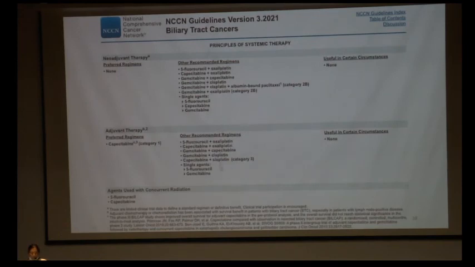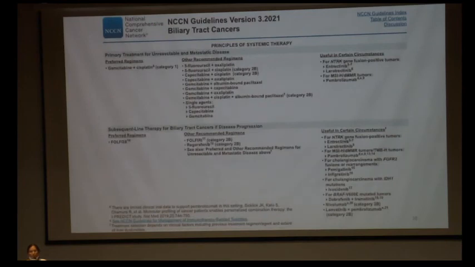They are in this flowchart because of retrospective and individual institutional data, but no randomized head-to-head trials have been done between these chemotherapy regimens. When we treat unresectable and metastatic disease, gemcitabine and cisplatin is category 1, FOLFOX is the preferred regimen for subsequent line therapy, and these regimens can be used.